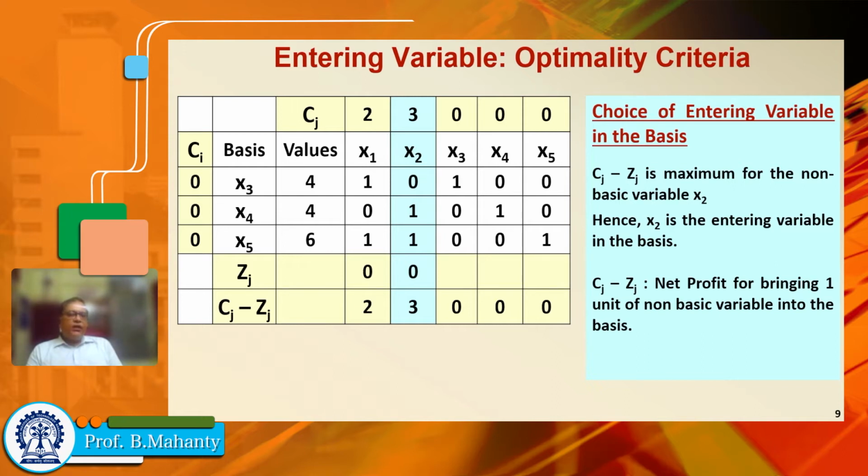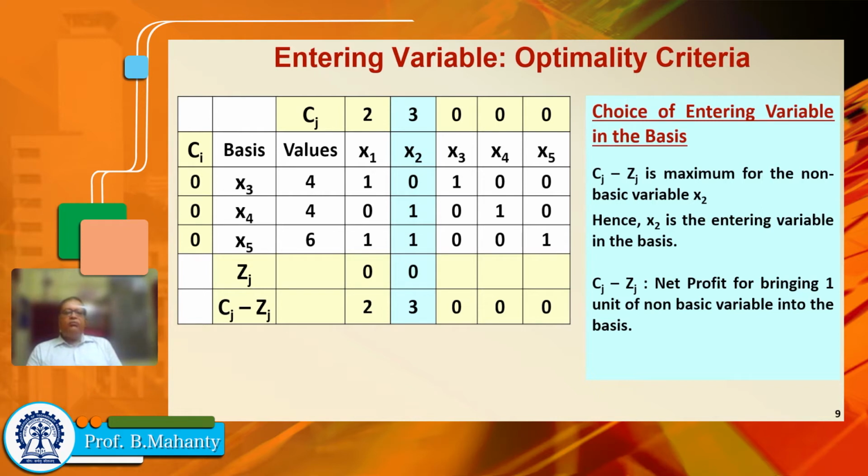How many of x4 do we need? 6 into 1, 6. How much is available? 4. So it will create a problem, right? Because we need 6 units of x4 and we have only 4 units of x4. With regard to x5, if we make 6, 6 into 1, 6, 6 are available, no issue. So what has happened? We cannot make 6 units of x2. We have to make less. How much less? x4 will be the bottleneck resource because only 4 units are available.